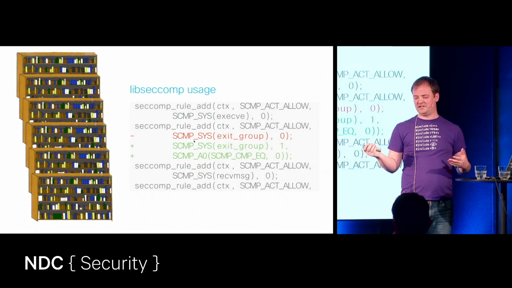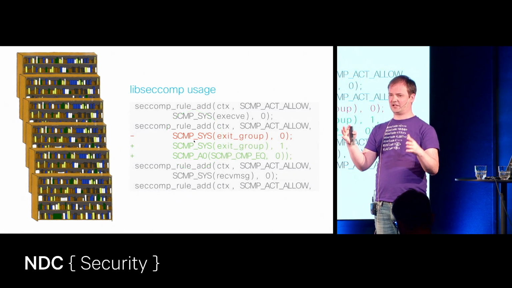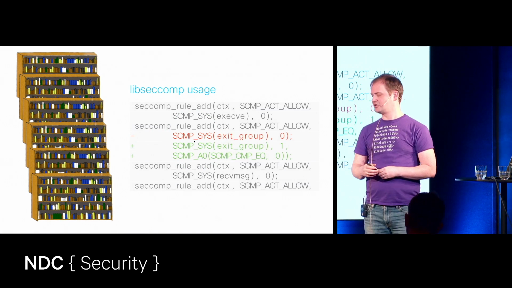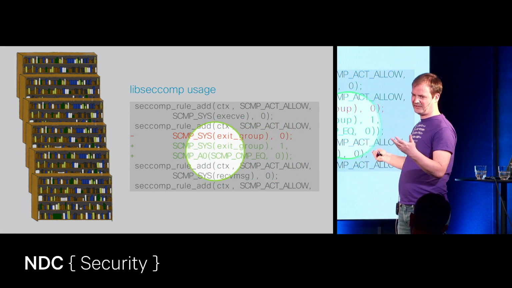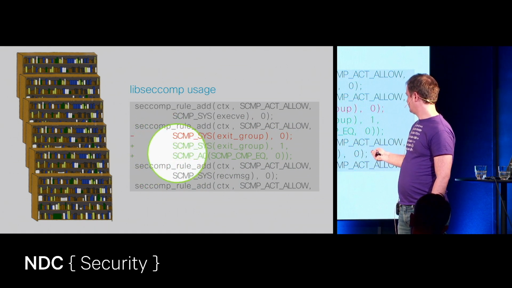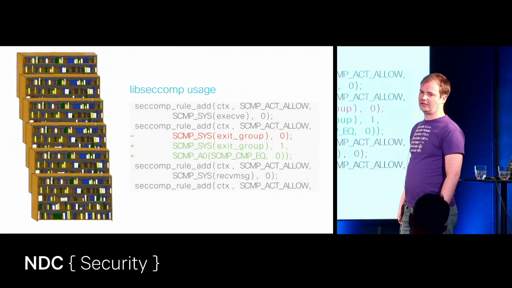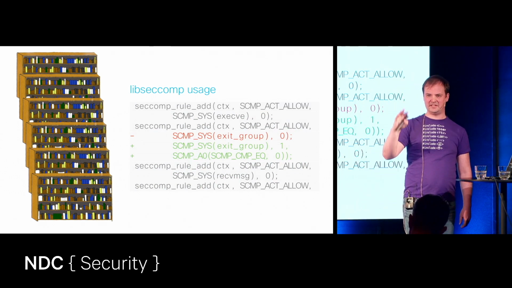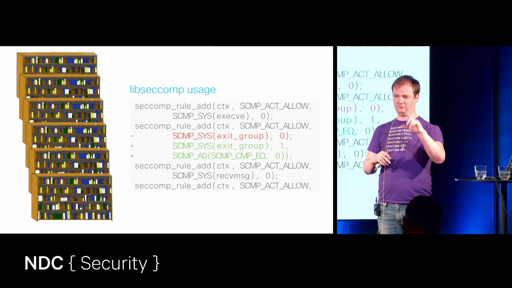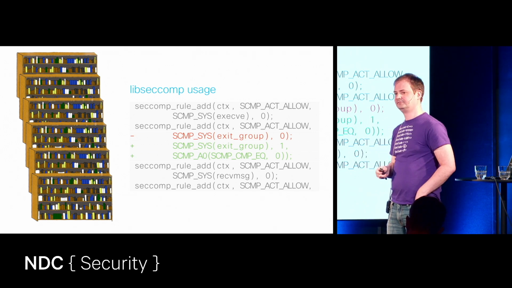With libseccomp, it's very easy to check a range, because you can check if argument 0 is less than something, and then check if argument 0 is bigger than something. It's fairly trivial. You just add 2 of these SCMP_A0 and then change number 1 to 2, and then you're good.